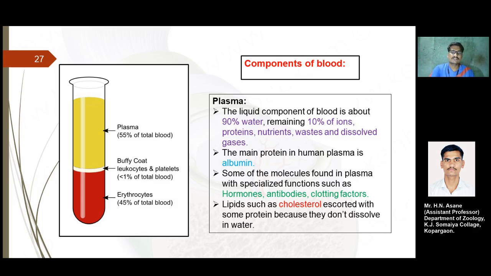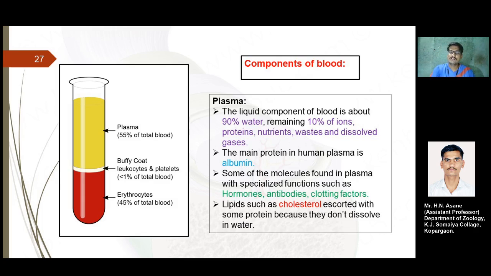As we know, the liquid component of blood is about 90% water, and the remaining 10% is ions, proteins, nutrients, waste, and dissolved gases. Nutrients such as amino acids and proteins are dissolved as food for particular cells.